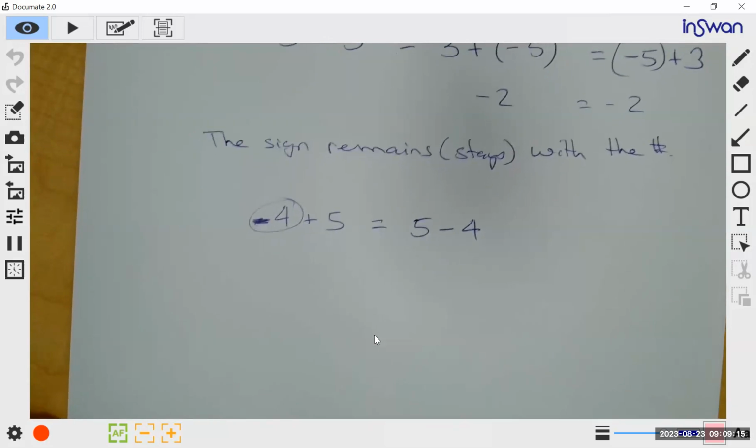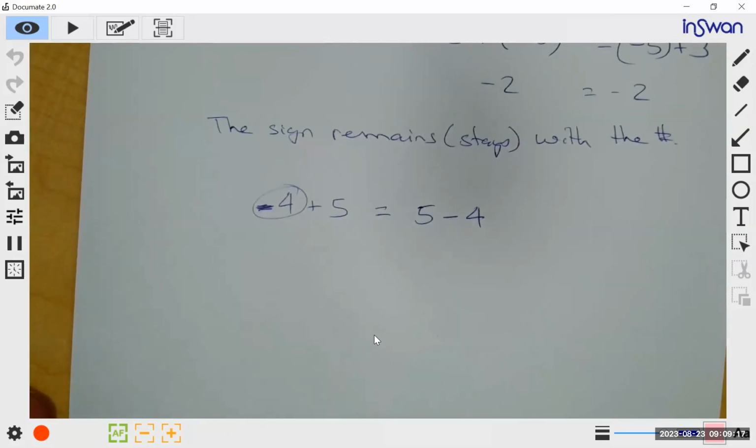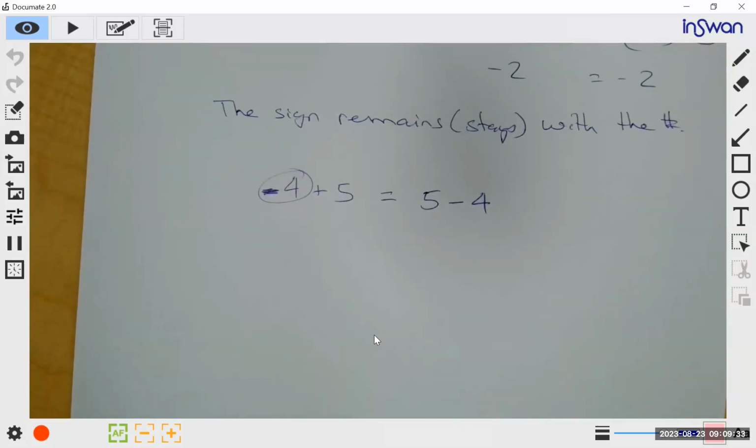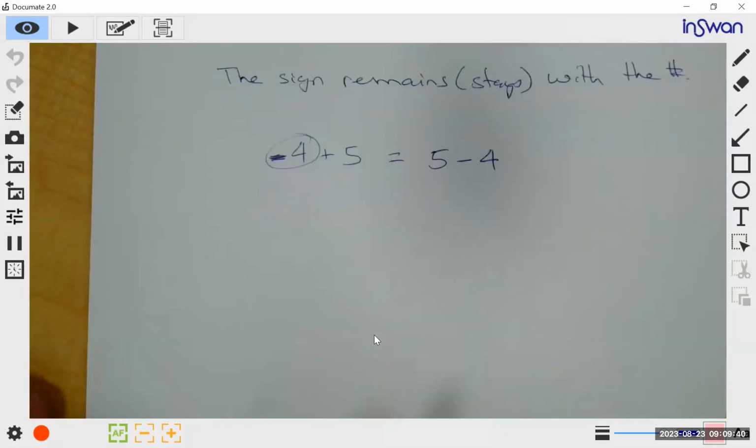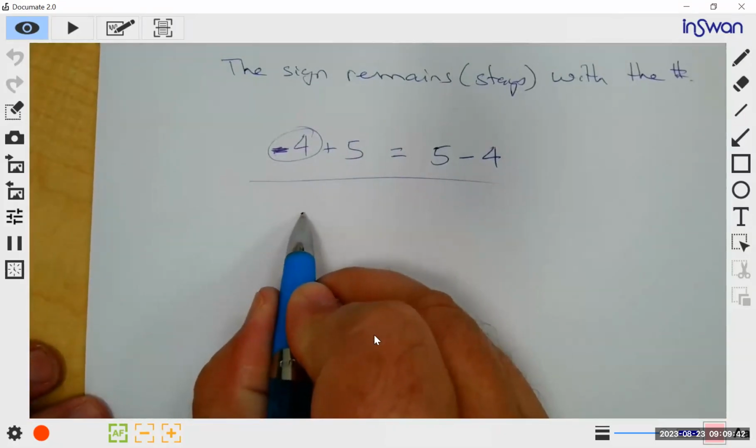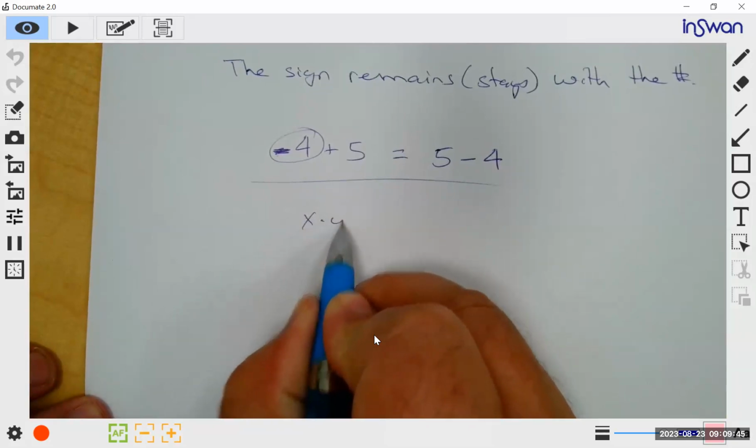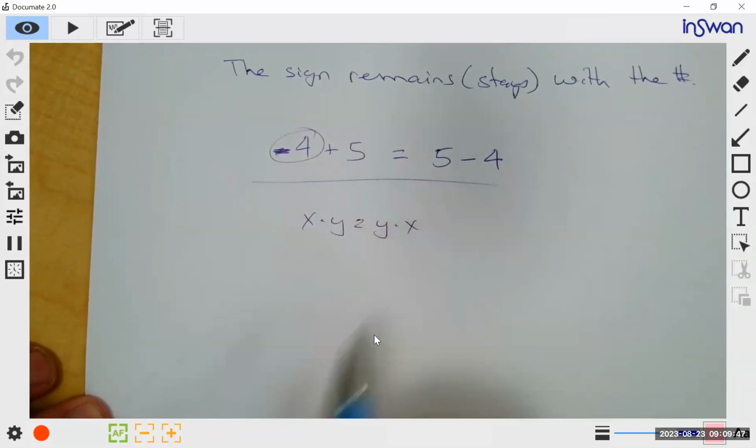How about division? Does division work with the properties? Correct. Yeah, because it wasn't there earlier. Why doesn't it exist? Because it's the opposite of multiplication. So our properties, x times y, y times x.